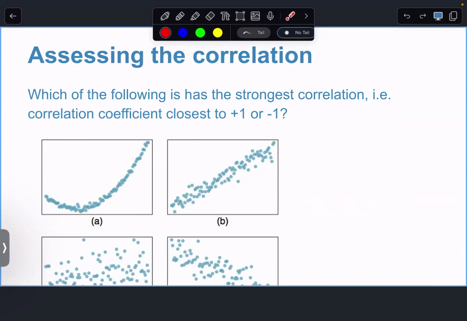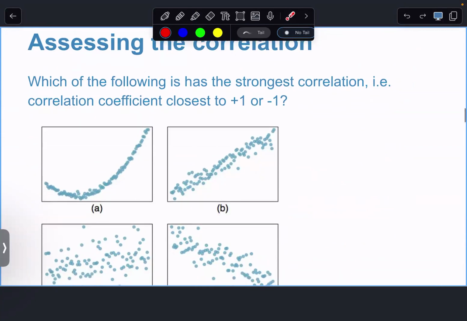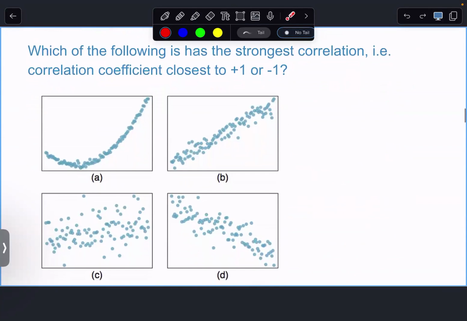Okay. Of these four relationships, which one has the strongest correlation? Now, of course, A is a decoy. Why? Because it's not linear, right? And so the idea is this: if I fit a straight line here, the correlation is going to be very, very small because the correlation tells you how close all the points are to the line.